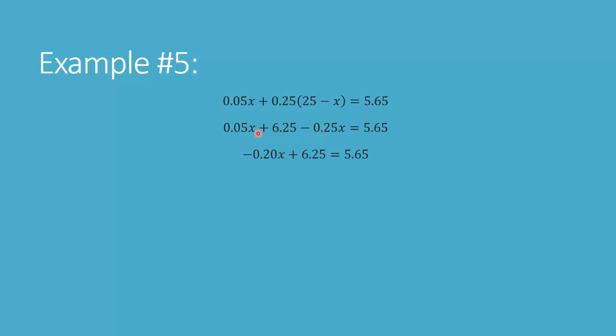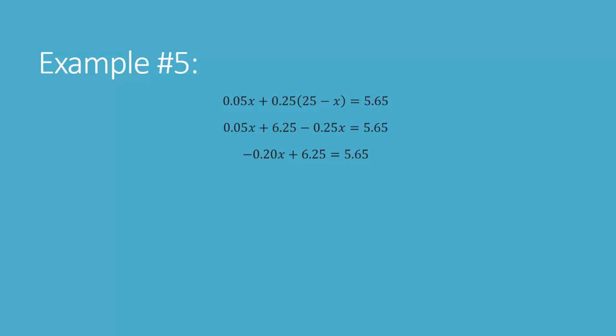So now we combine our x's to simplify it further. We get 0.05 minus 0.25 to get minus 0.20x, which equals 6.25. So now that we've done that, step 3, isolate x on a single side, which we have already done.